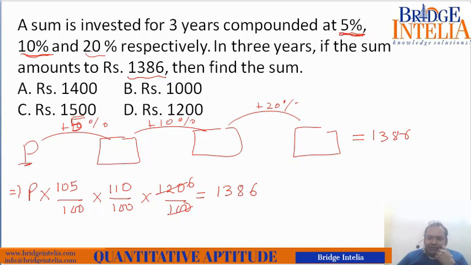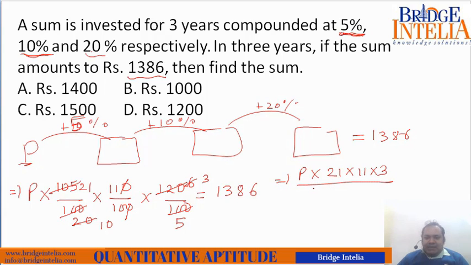So let's solve this. So 6 by 5, 11 by 10 and 21 by 20. Anything else that can be cancelled? So 3 by 10. So it means P into 21 into 11 into 3 divided by 10 into 5 is equal to 1386. Let's see if we solve this.